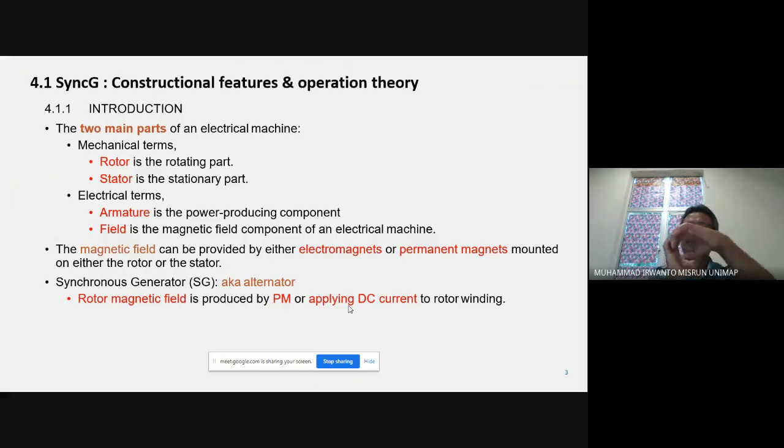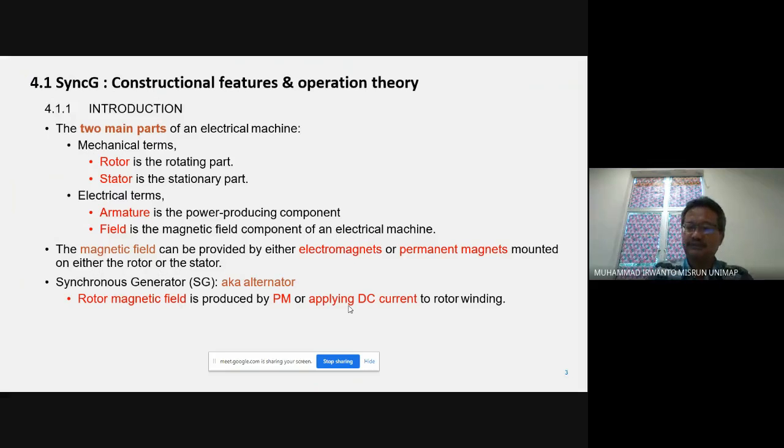Or, because the rotor is moved, we can couple it to a DC generator, which produces DC current that can be connected to the winding of the rotor.